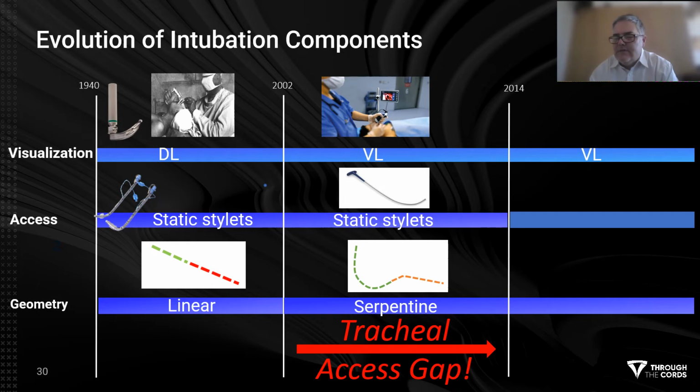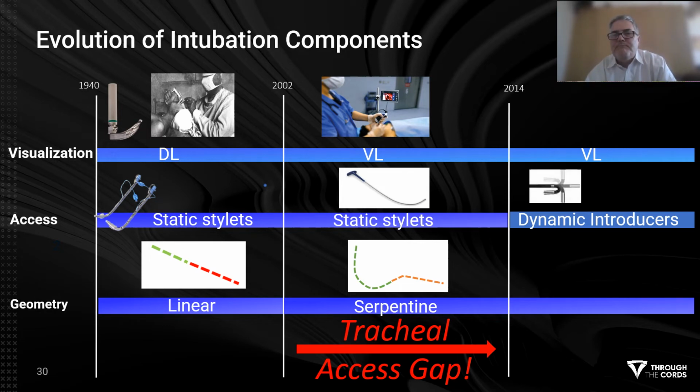This drove the next evolution in intubation. Access changed. We found out about dynamic introducers, and we found out that we could cross-purpose a fiber optic bronchoscope as a dynamic introducer. We didn't need its visualization capability. The VL could provide excellent visualization, and when these two devices, VL and a fiber optic scope as a dynamic introducer, are combined, we have a combined technique, and we end up with excellent results.